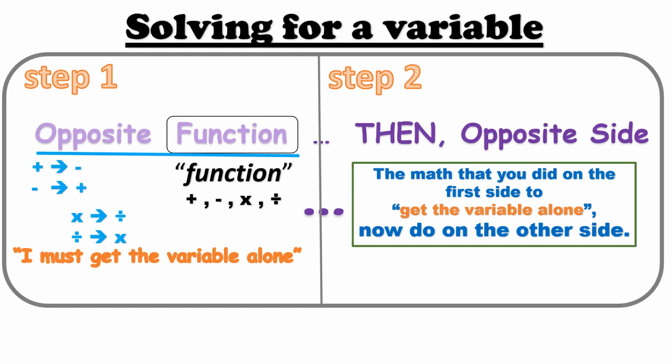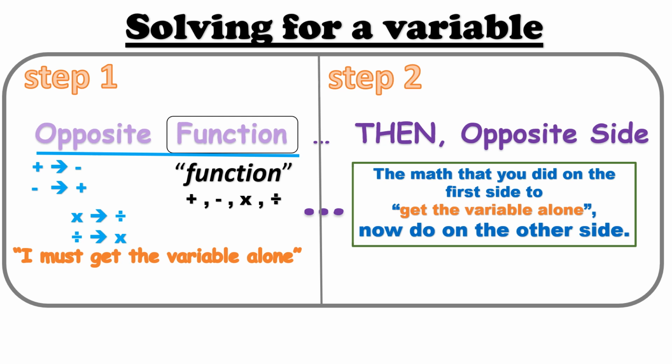So now that I have my answer, I go back through this process. We're always going to do the opposite function. Wherever the variable is, it has to be my first step. Locate the variable and know that you have to get it alone. So I'm going to do whatever math is on the left-hand side or the right-hand side, wherever the variable is, I'm going to do the opposite function, right?